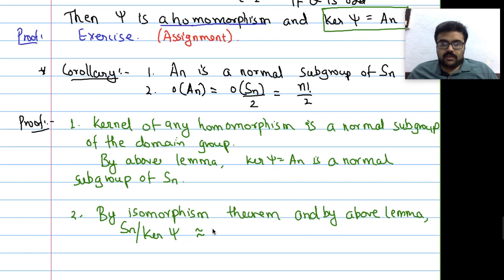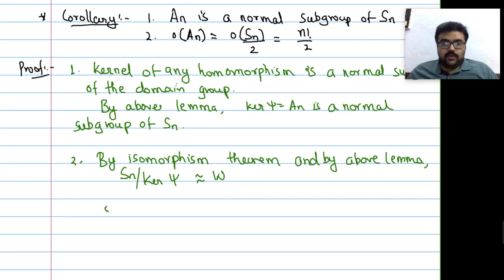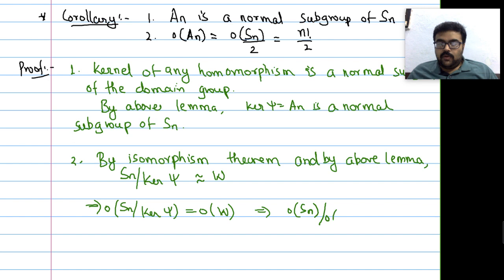The image is W, so if they are isomorphic, then order of Sn quotient kernel of psi equals order of W. This implies order of Sn upon order of kernel, which is An, equals order of W, which is 2, that is 1 and minus 1.